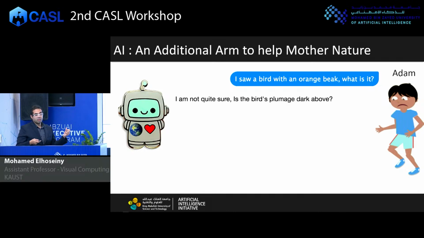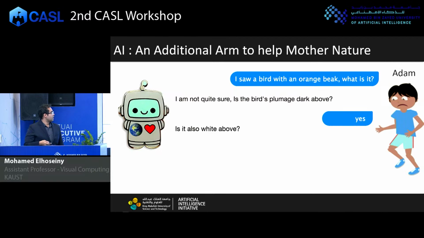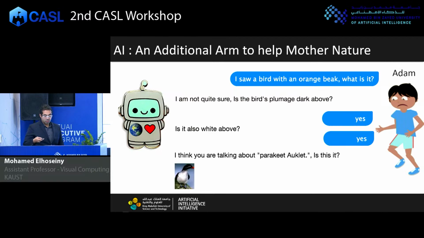Maybe the AI bot is not so sure what kind of bird because this description applies to many species, and we can imagine interacting with this AI bot until it knows what it really means, and then it can predict the name of the bird and give us an answer that we are eventually happy with.